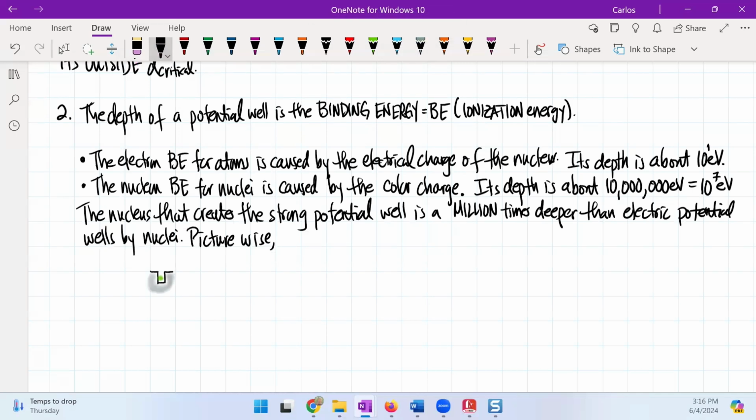If I measure this depth, from here to here, this little binding energy is about 10 electron volts, where inside at the bottom of the well is the electron. This would be the electric potential.